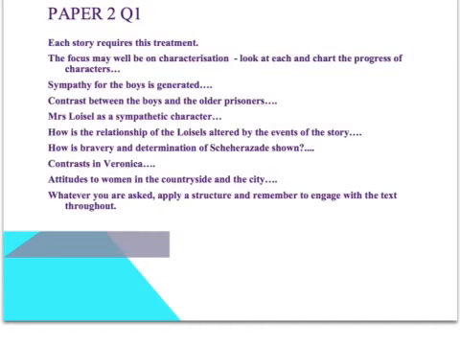Remember, whatever you are asked to do, try and apply a structure, and remember to try and engage with the text throughout. That way, you should find yourself climbing up the mark scheme sufficiently to get yourself into a band that will reward you. Remember, this paper is only worth 20% of the IGCSE.